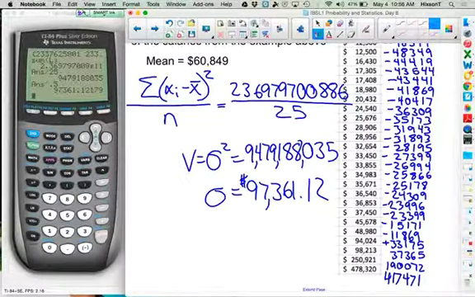That means on average, our scores are $97,000 away from the mean. On average. It doesn't mean all the scores are that far away. But you can see here how a lot of our data was pretty close together, but then you had these couple that were really, really big.